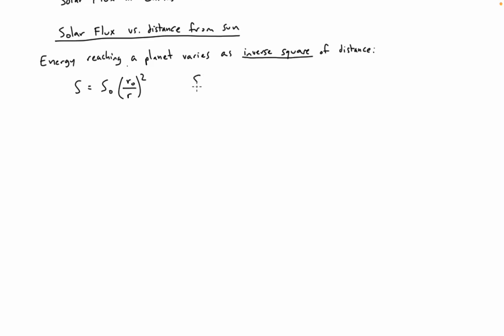Okay, so S would be the solar flux at some distance r, and then S naught would be the solar flux at some reference distance.